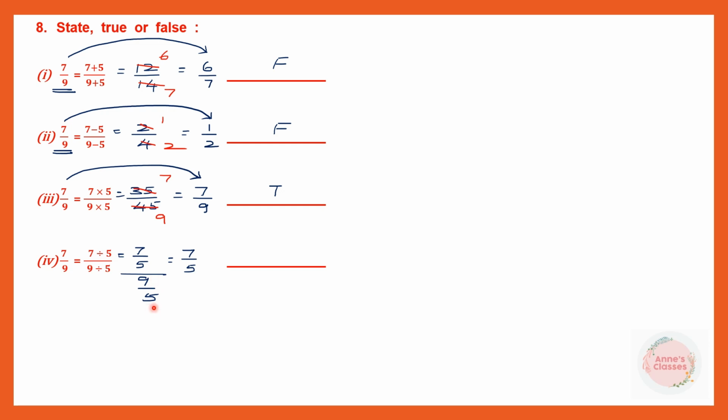So 9 by 5 becomes 5 by 9 and it changes to multiplication into 5 by 9. Now here we can cancel 5 and 5 and what is left is just 7 by 9. So the question is 7 by 9 and this is equal to 7 by 9. So this statement is true.